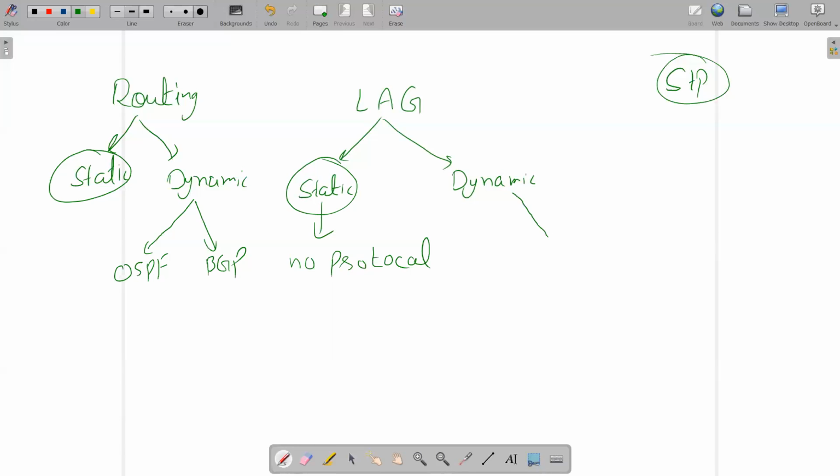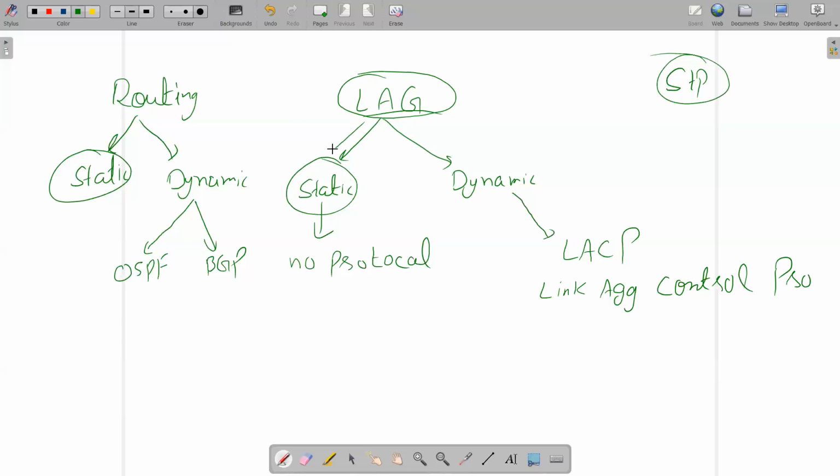Similarly, whenever we talk about the link aggregation group, there is a dynamic way, which we call LACP, Link Aggregation Control Protocol. So we have two methods to implement this concept. One is by static way and the other one is by dynamic way.